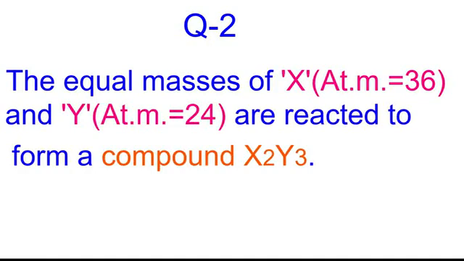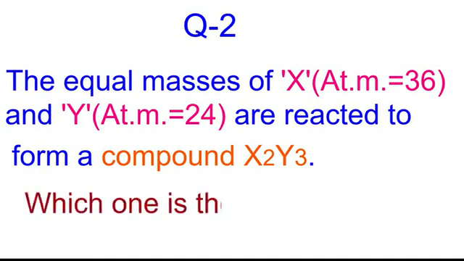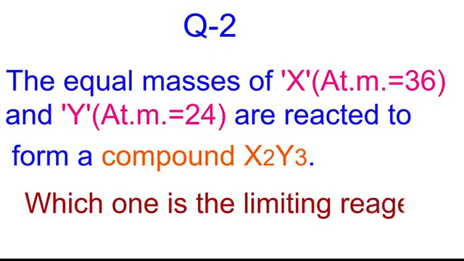Here you have to find out which of X and Y is the limiting reagent. I tell you what a limiting reagent is. A limiting reagent is that reactant which is consumed first in a reaction if the reactants are not in stoichiometric ratios.